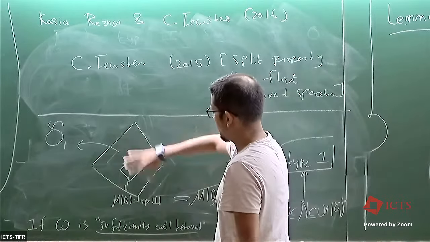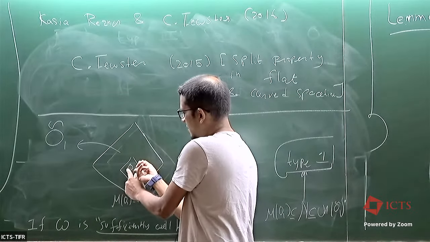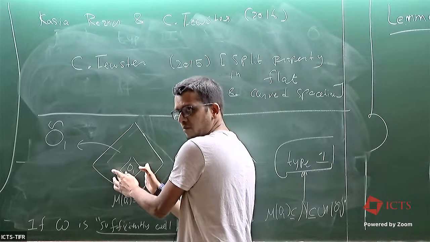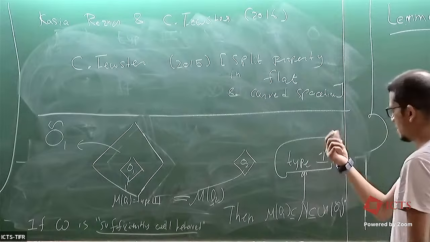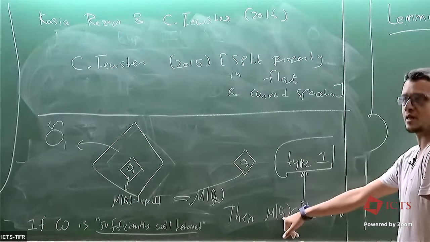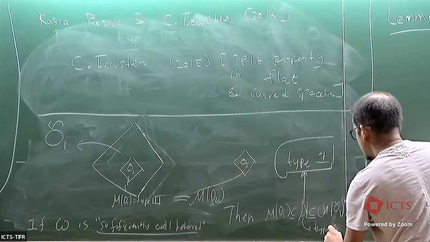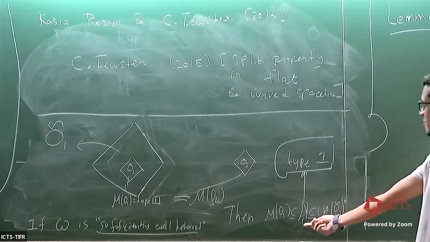But if the omega that we are defining is such that if you take the correlation function here and take the limit at the corners, it's sufficiently well behaved in the sense that the singularities are like Hadamard, then we can always do this kind of inclusion, where this is type 1. Oh, I already wrote that, sorry. Yeah. So now let me try to quantify this a little bit, but this is the statement.